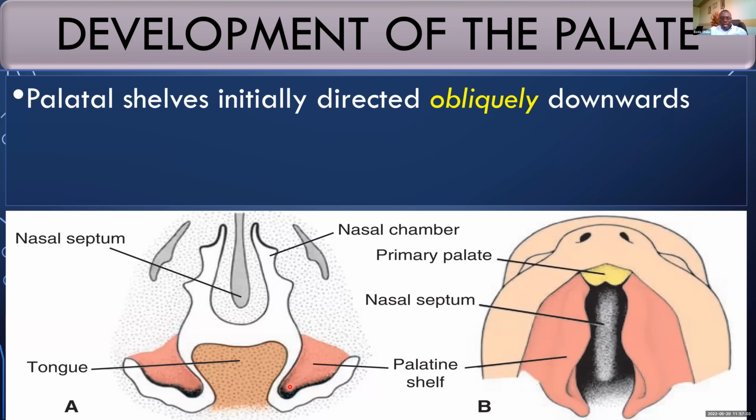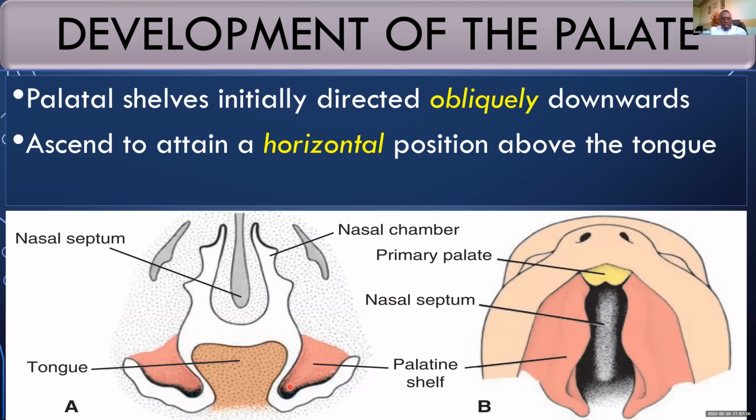However, as time goes by, this changes from being oblique to being horizontal. So they take a somewhat horizontal position. So this changed the orientation from being oblique to being horizontal. And so when they go horizontal, they'll go above the tongue. You can see in this image, they're initially below the tongue.